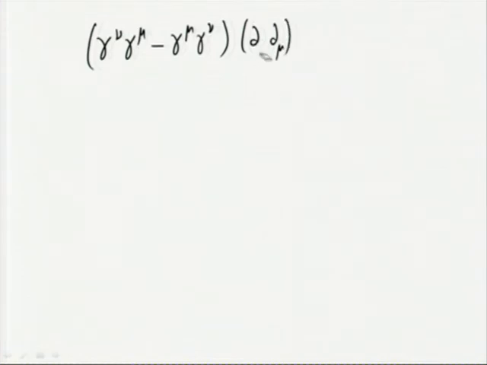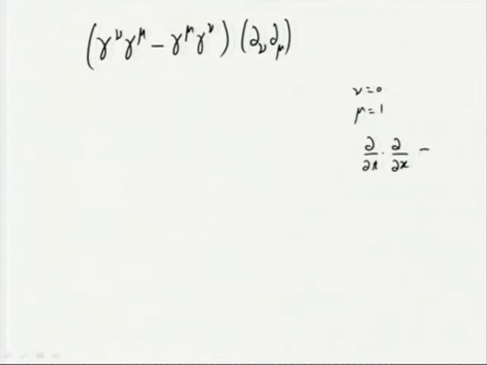∂_μ ∂_ν is actually symmetric. This is basically a differential operation, and it does not matter whether you take, say, ν equal to 0 and μ equal to 1, you will get the differential operators ∂/∂t and ∂/∂x.